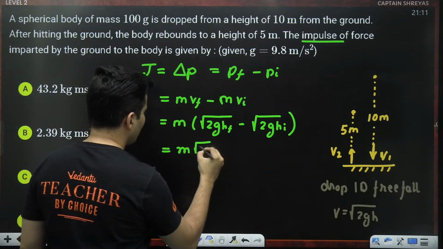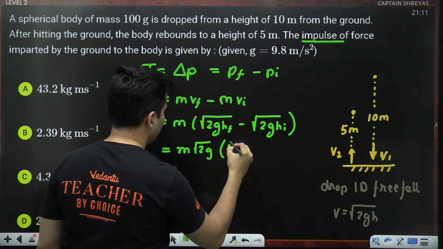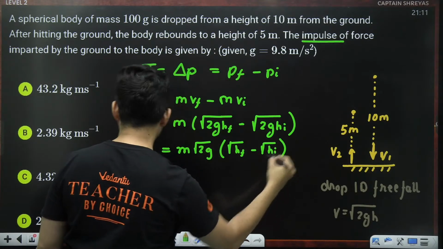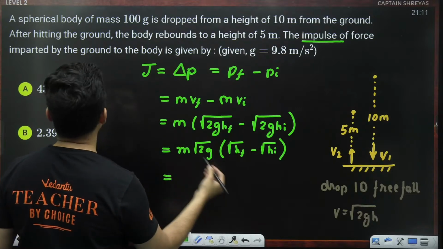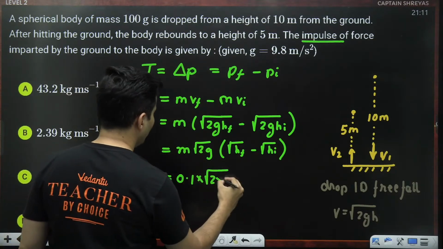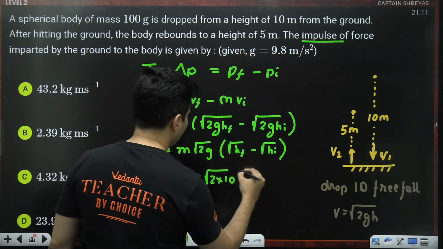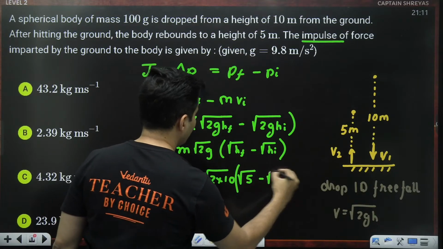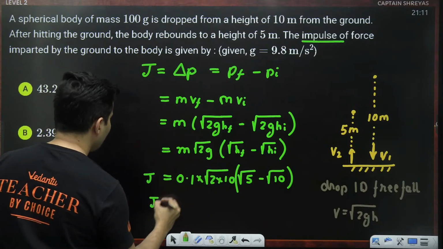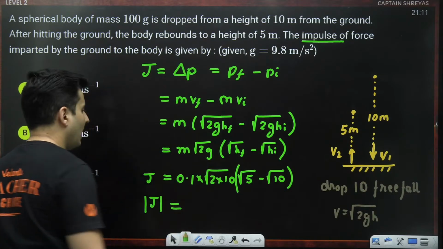So m root of 2g, and we have root of h final minus root of h initial. That's it. So you substitute the mass and everything. This is 100 grams, which is 0.1 kg, 2 into basically 10. And then we have root of 5 minus root of 10. Don't worry, even if you get a negative answer, we are just interested in the magnitude.